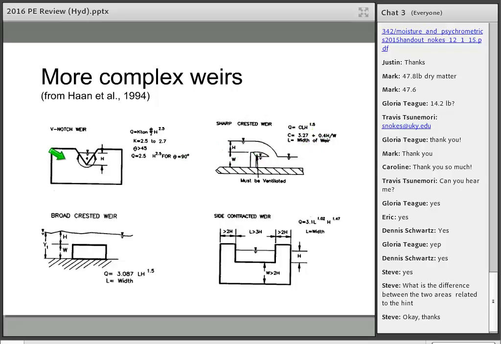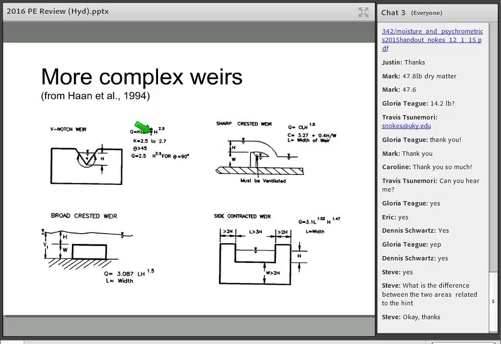If you've got a V-notch weir, in this case, you've got the flow rate through it, and Q in this case is flow rate in volume per time. You've got a coefficient K, a trigonometric function, tangent, and then the angle divided by 2, times the depth.